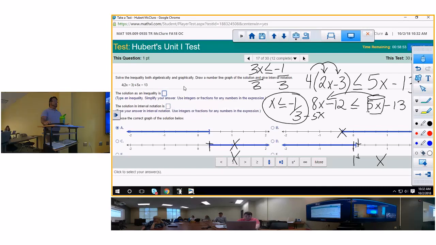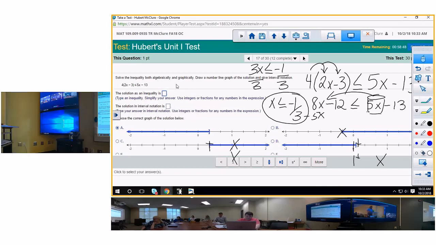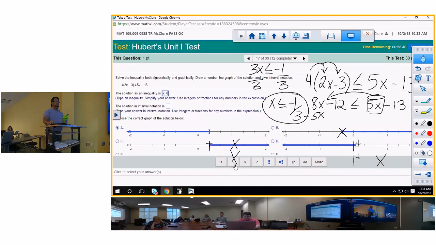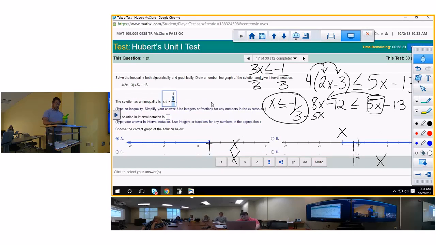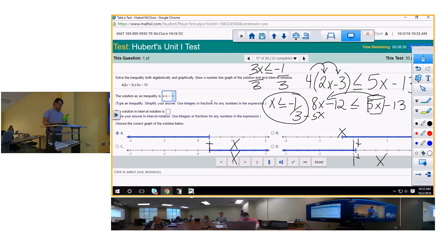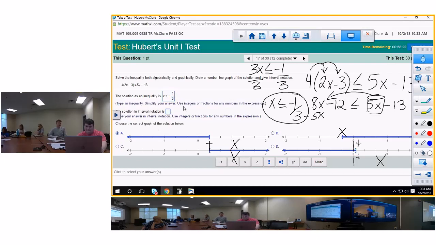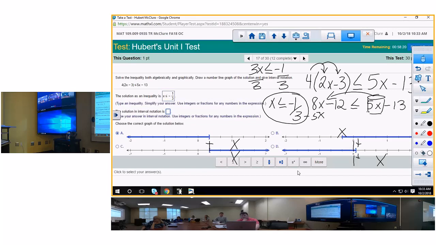Okay, so I'm going to put X is less than or equal to negative, and then I'm going to put fraction. Make a note. Put the negative in front of the fraction, just in case, because some of these questions have been programmed, some of the answers have been programmed to where the negative should be out front. And then the answer is going to be negative infinity to what? They don't have a coordinate here.